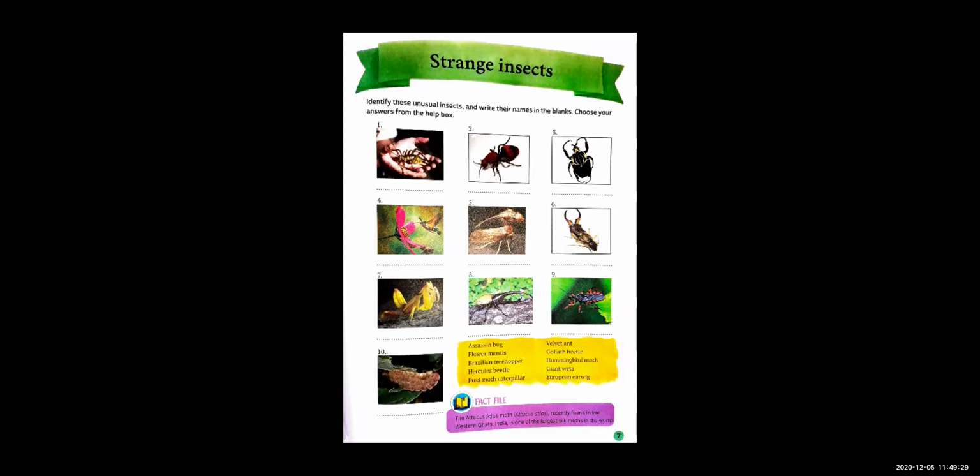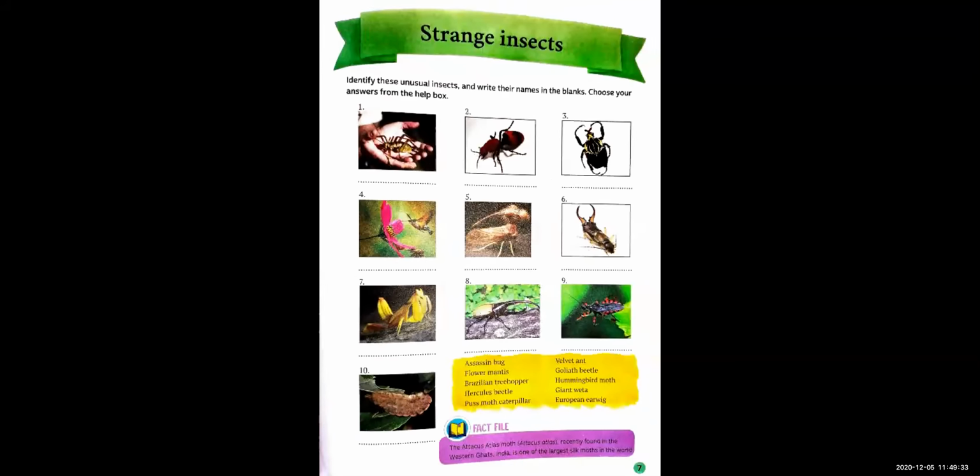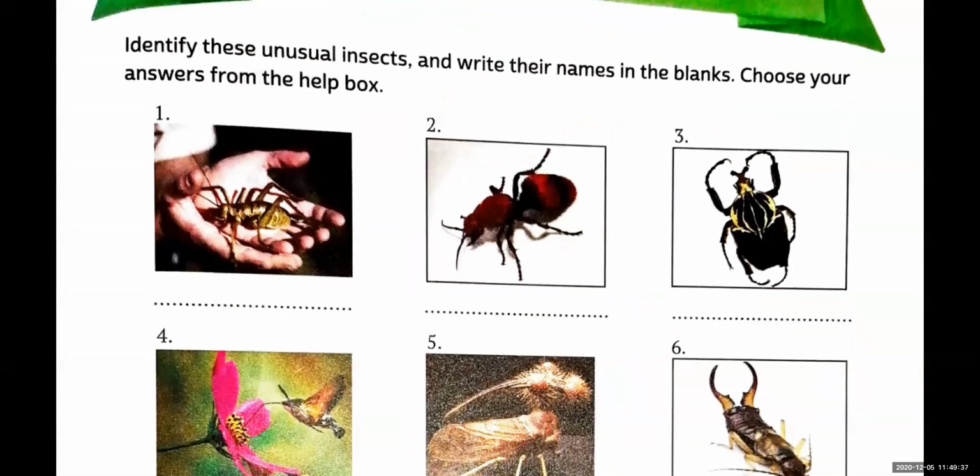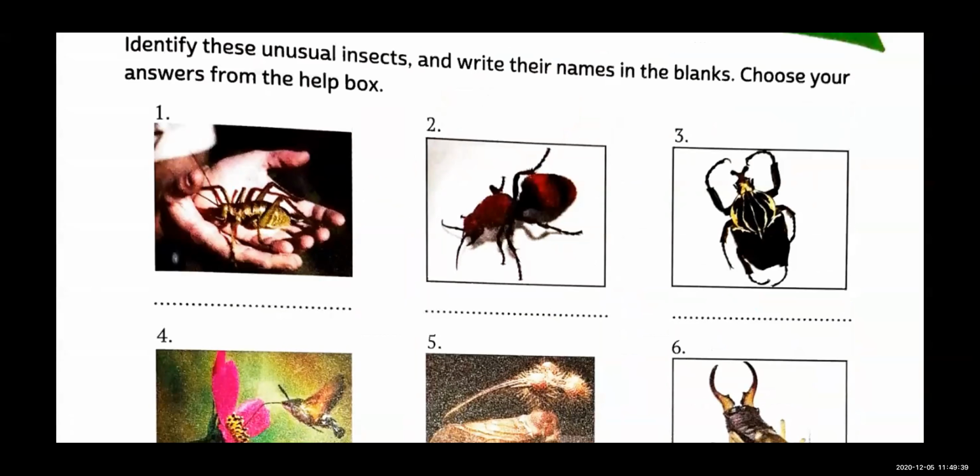Now, let's start with picture number 1. So children, this is a picture of giant weta.